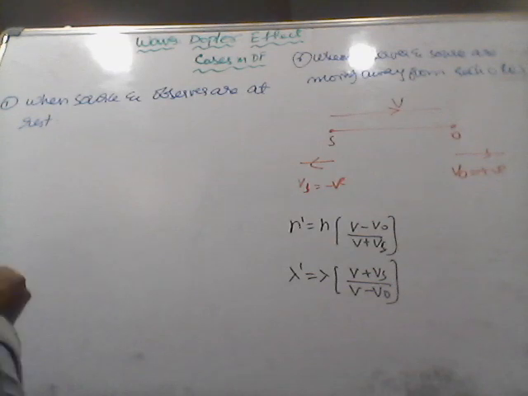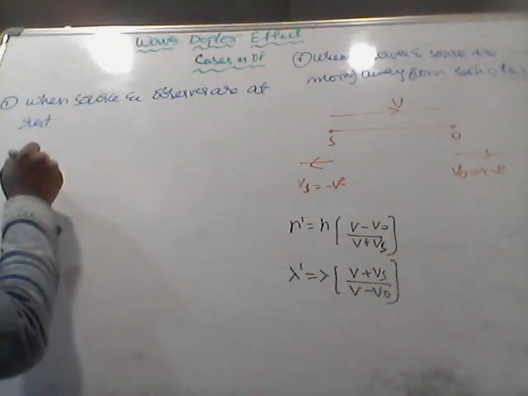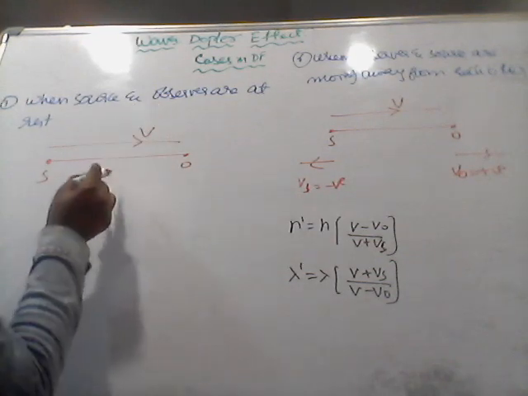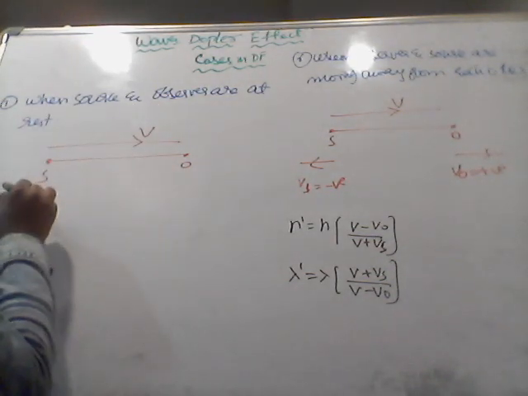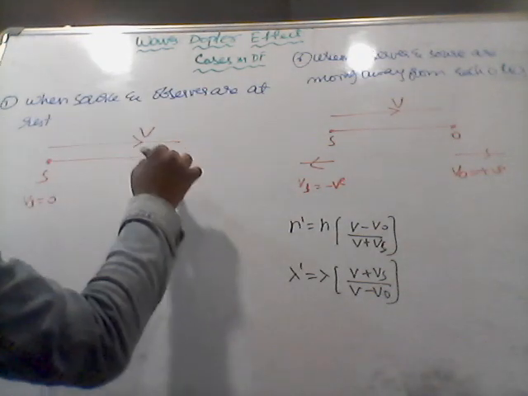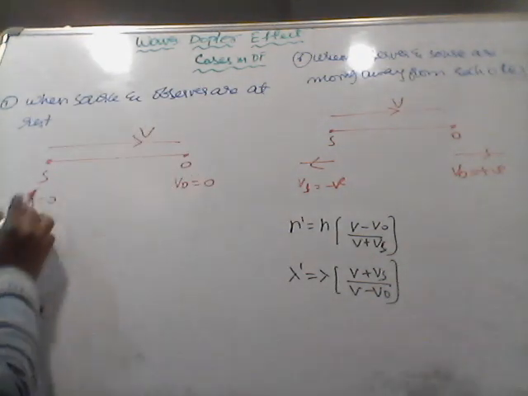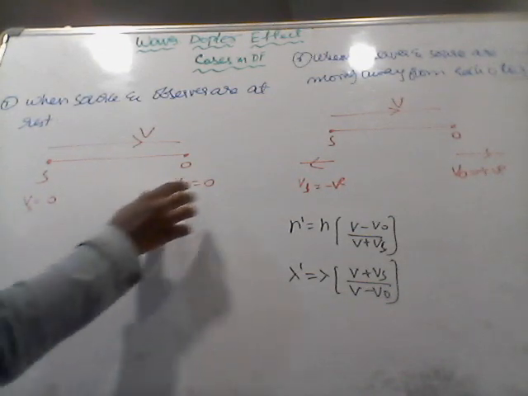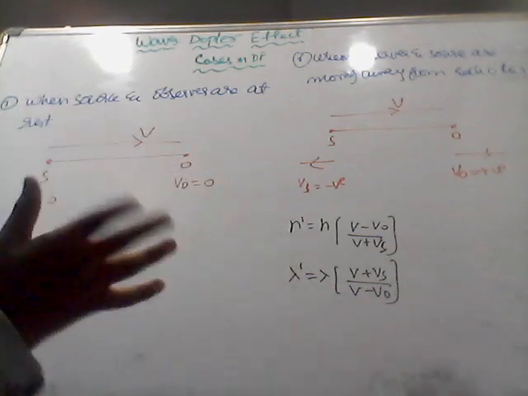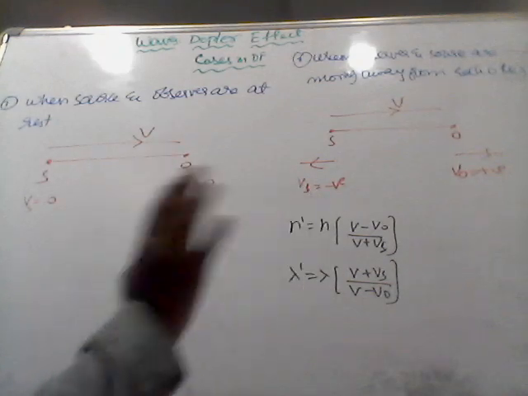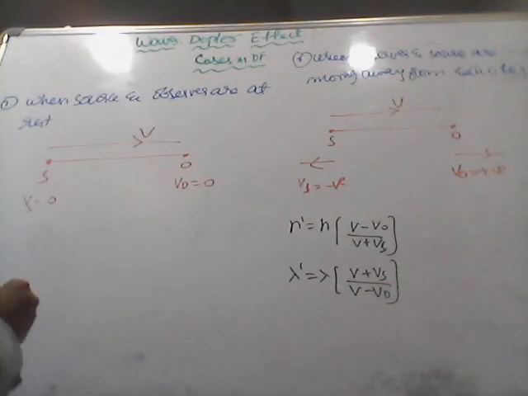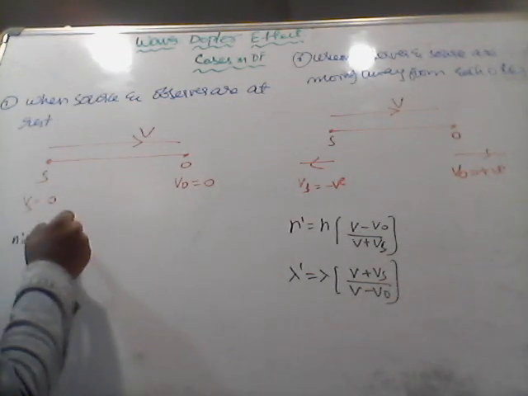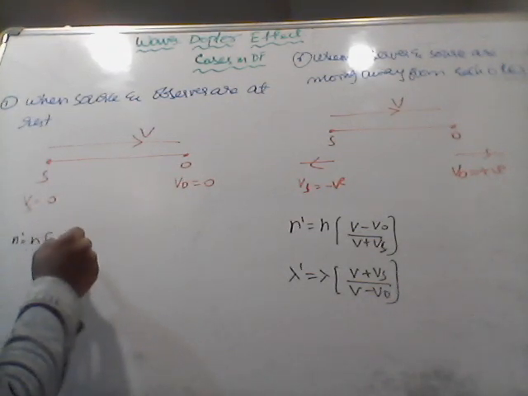What do you mean? Source, observer, velocity. Source is at rest. Good. Even the observer is also at rest. Now what is happening? This is not O, this is 0. Okay, both are at rest means both I am taking velocity as 0 meters per second. Okay. Now the formula is N dash is equal to N into (V minus Vo) by (V minus Vs).